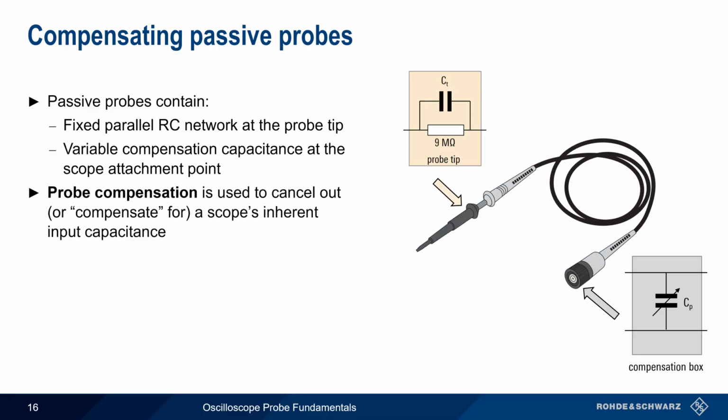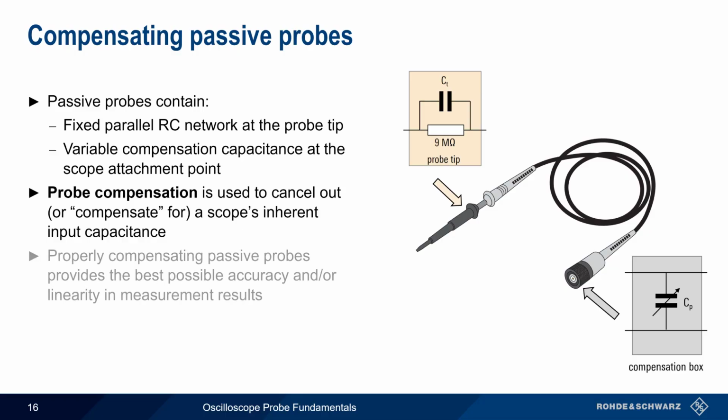Probe compensation is the process used to adjust this variable capacitance in order to cancel out or compensate for the inherent input capacitance of the scope. Properly compensating passive probes is important for obtaining the best possible accuracy and/or linearity in measurement results.